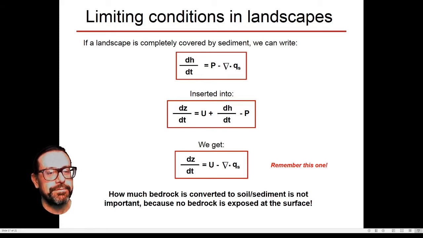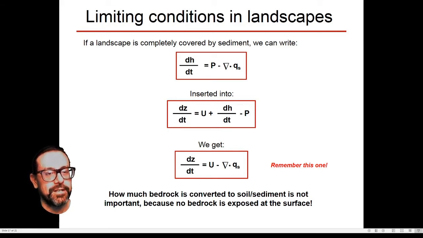And this is the sediment flux divergence, or the change in sediment flux across the landscape in 3 dimensions. This del dot QS is one term in this equation that will tell us about whether aspects of the landscape are eroding or depositing.